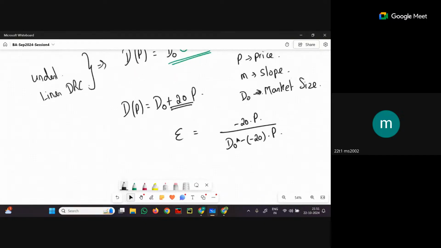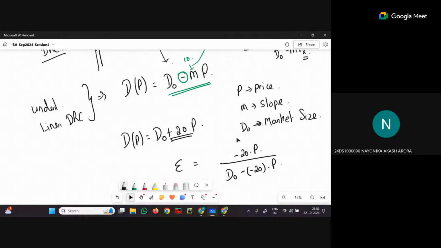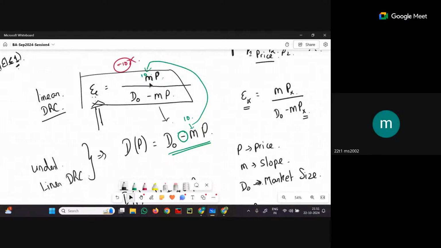Okay, all of you clear up to this point? Any questions? Yes. So when slope is negative, we take m is equal to minus 10. No, you take m is equal to 10. If this is negative, in the formula you take it as m is equal to 10. If d0 is equal to minus m into p, if this is your curve, you take 10.